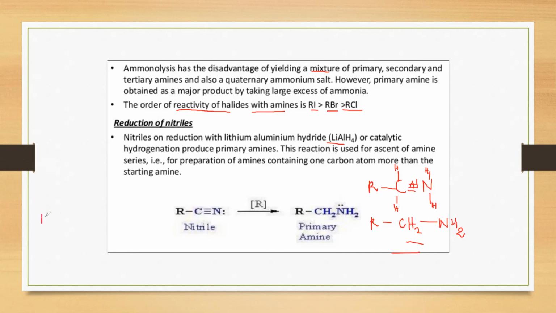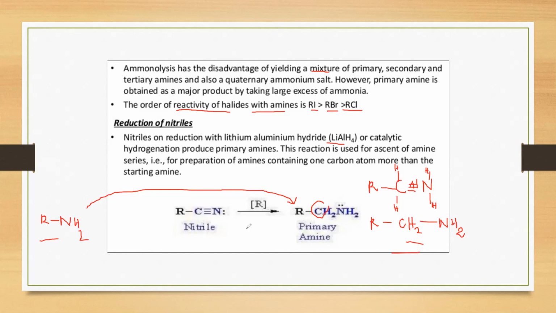Suppose we start with RNH2, you can end up with RCH2NH2. Ascent of series means the final amine differs from the initial amine by one carbon atom, so one more carbon atom is included in the chain. The carbon chain is increased in length by one carbon atom, right?